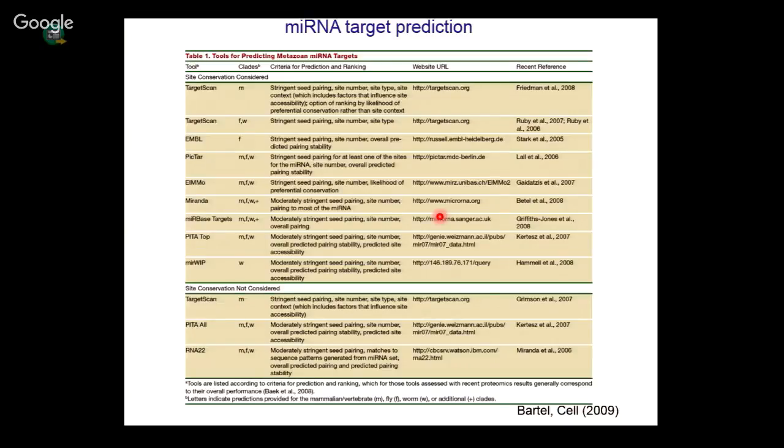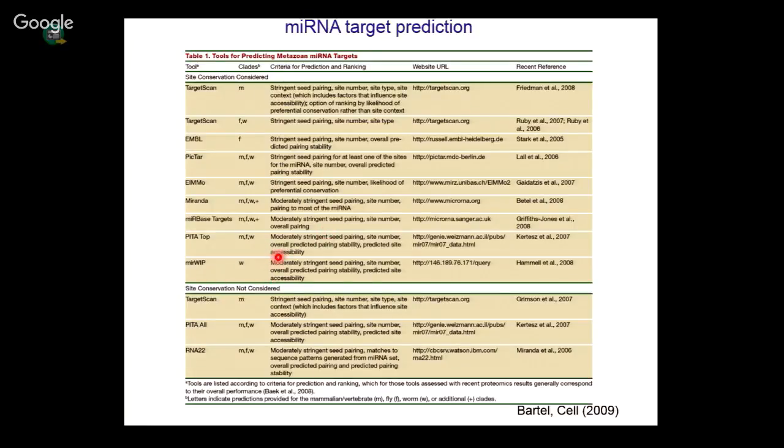Here it shows many different kinds of microRNA target prediction tools from different labs. Some of them include databases for different species such as mouse, fly, or worm, and now they have expanded their databases as well.